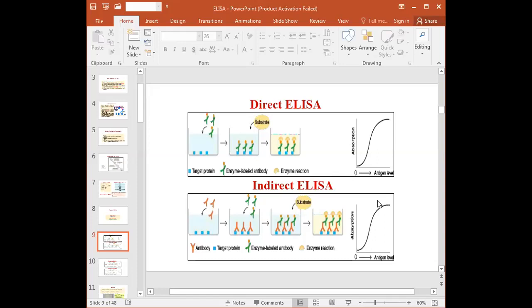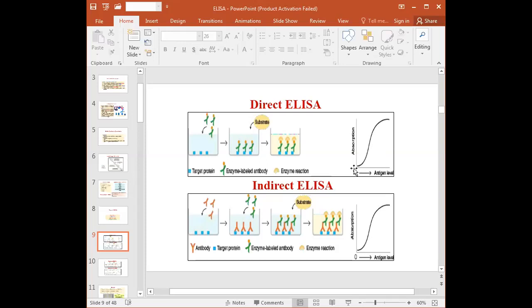The primary antibody will interact with the antigen, and we add the substrate directly and allow it to react for at least 5 minutes, keeping the plate undisturbed. Then we add the blocking buffer, and if you look at the intensity, you will see that at the lowest concentration of antigen the peak is very low, but at the highest concentration of antigen the peak is very high, meaning the intensity is very high. This graph will show you that result.